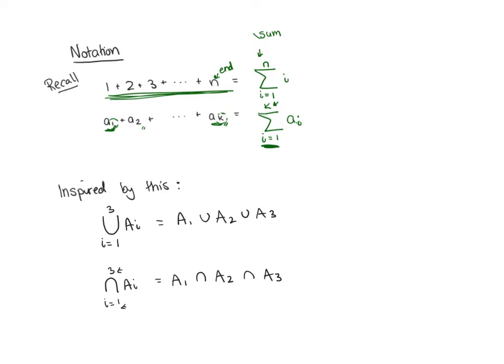A little note on LaTeX here, when we're using these symbols, if you want to get this big union symbol, remember the union symbol is that cup. So the LaTeX is just \bigcup. And then for this one, you use \bigcap. If I want to get the stuff underneath it, I just do underscore. Maybe I'll write this so that we can make sure we can see it very clearly.